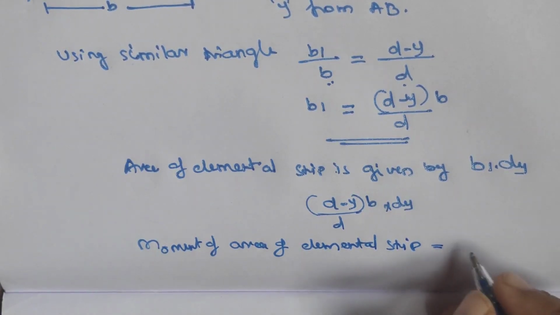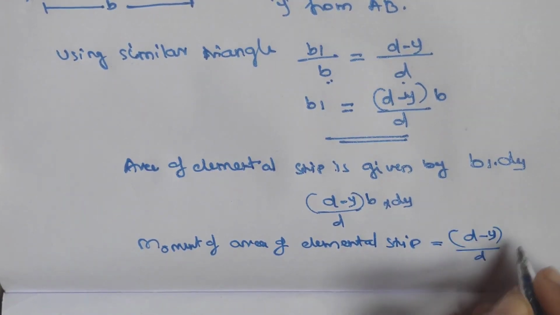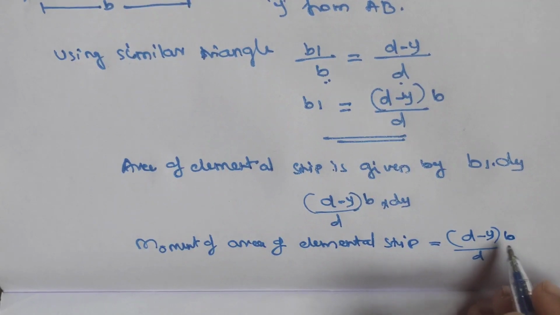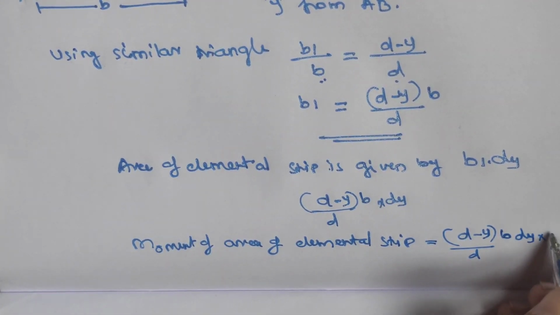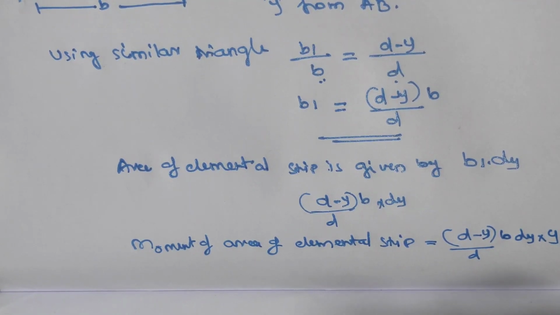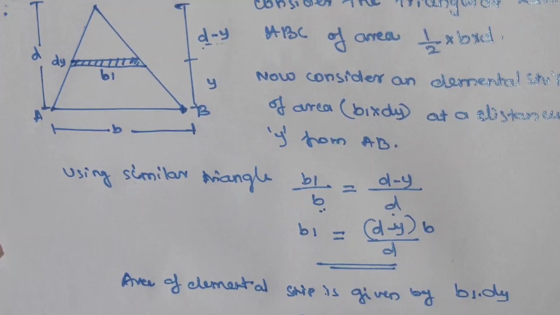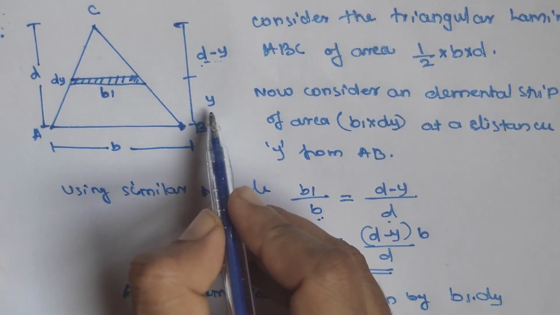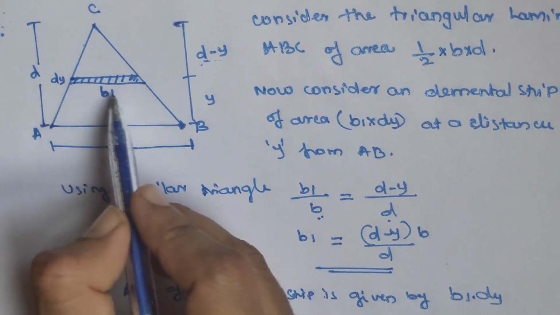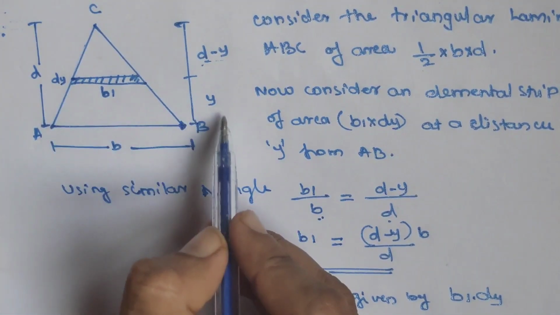So (D minus y) by D into B into dy, multiplied by y, that is the perpendicular distance. The area of the elemental strip is dy into B1. So moment of area will be area into perpendicular distance y.